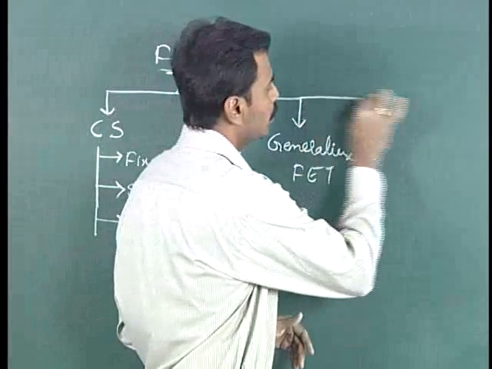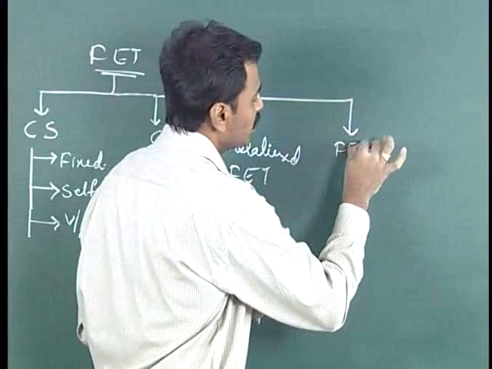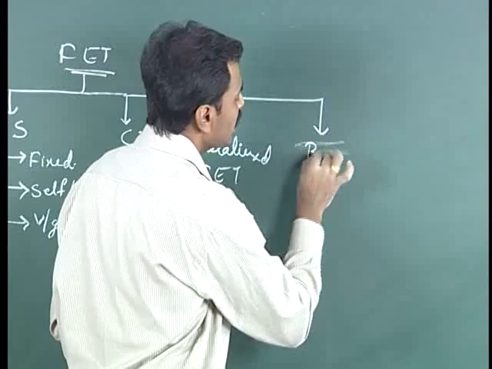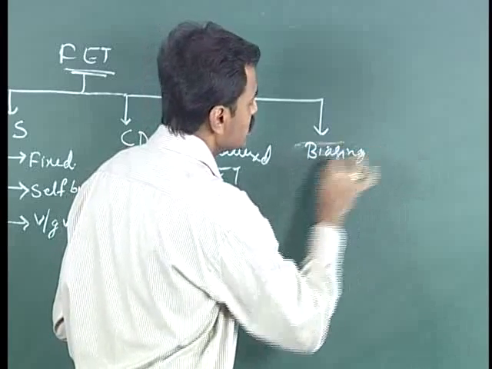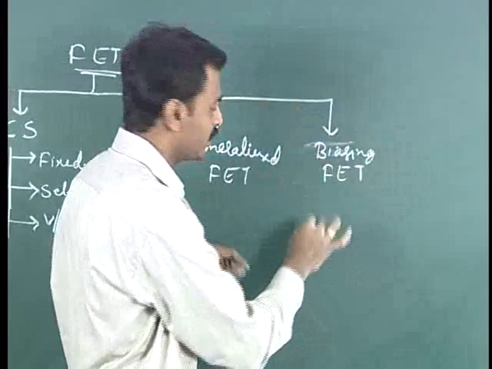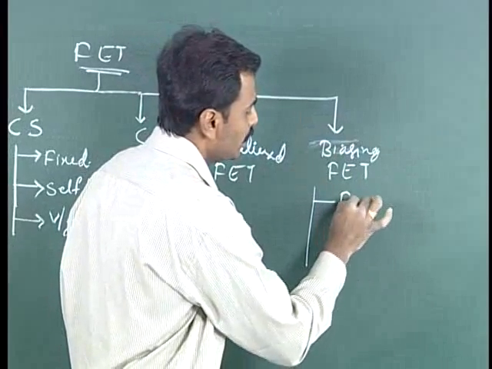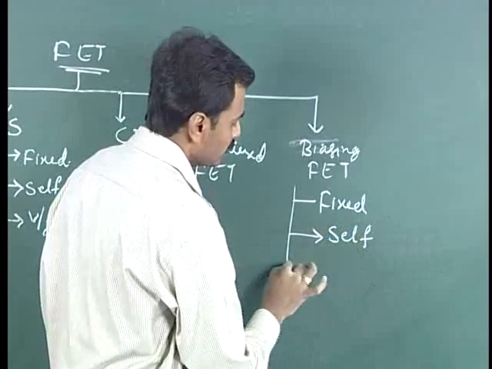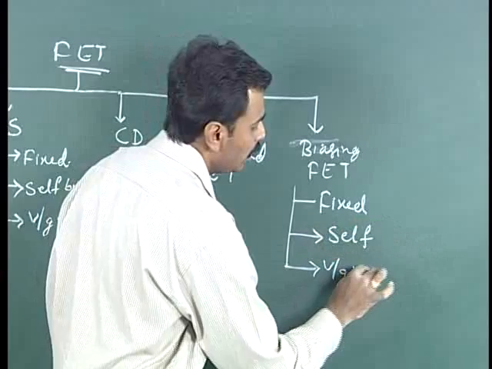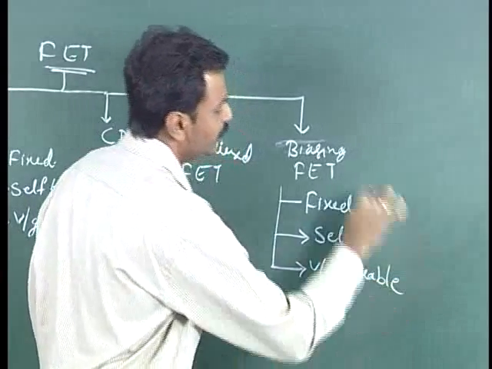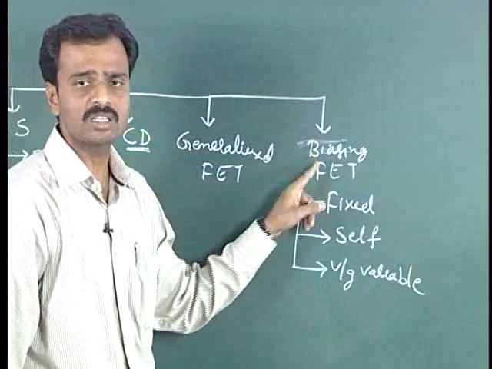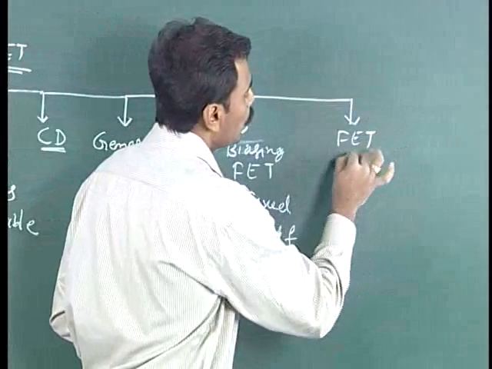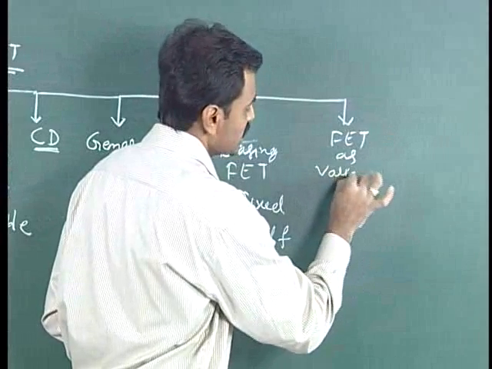Later we have seen the biasing of field effect transistors, in which we have seen three different techniques: fixed bias, self bias, and voltage variable bias. These are the three different types of techniques in the biasing of FET. Then, followed by the FET as a voltage variable resistor.